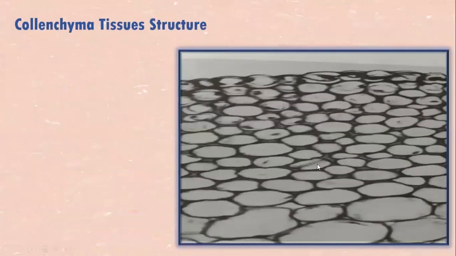Here is the plant section. Here is the epidermis. Here is collenchyma. Look at this. This wall is thick. This wall is thin. They are irregularly thickened with cellulose.